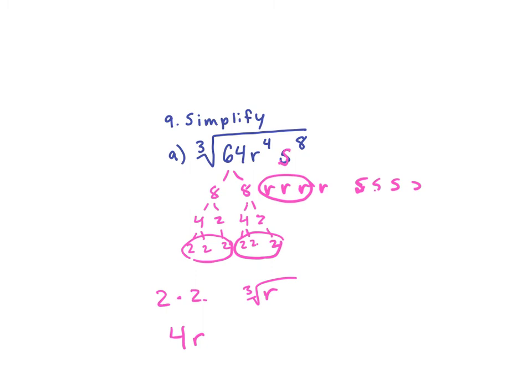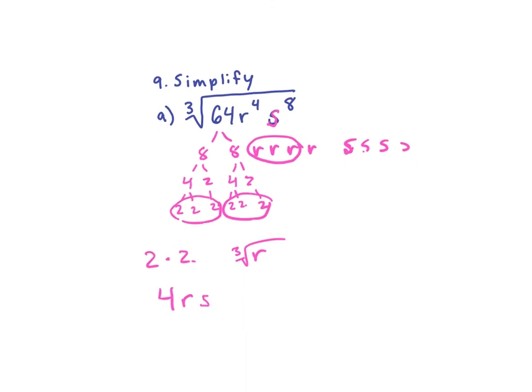So how would we write that? s squared, because we take out 2 of them. And what are we left with on the inside? 2 s's, so s squared. So then, in our answer, what's left on the inside? r s squared.